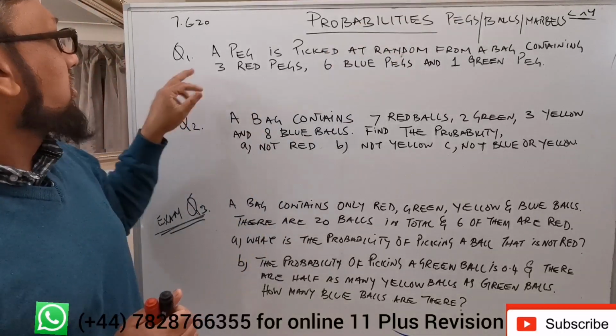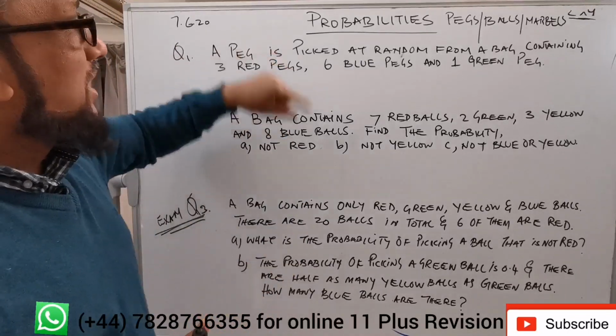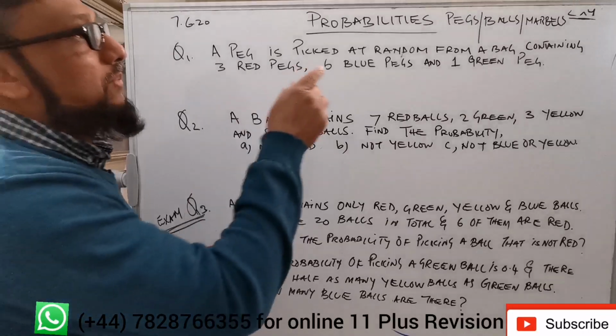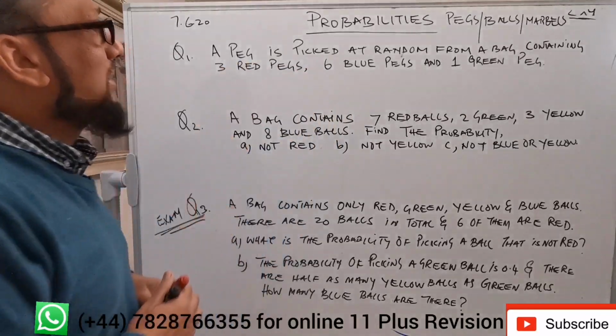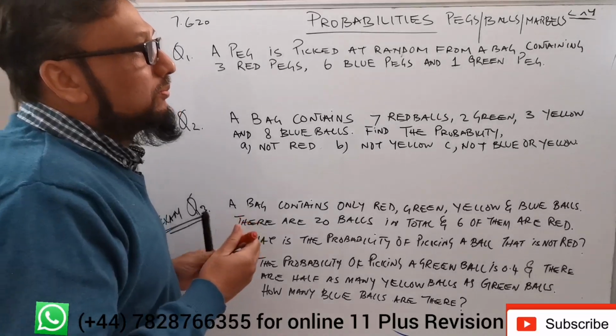Okay, so question A is what? A pack is picked at random from a bag containing 3 red packs, 6 blue packs, and 1 green pack.